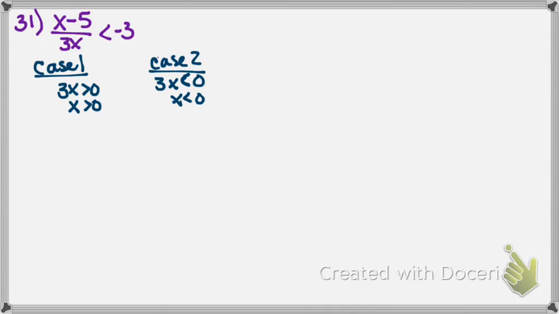Now I'm just going to write down the problem 2 times. X minus 5 over 3x is less than negative 3. Okay, so now on the left, I'm going to multiply my 3x to the other side.